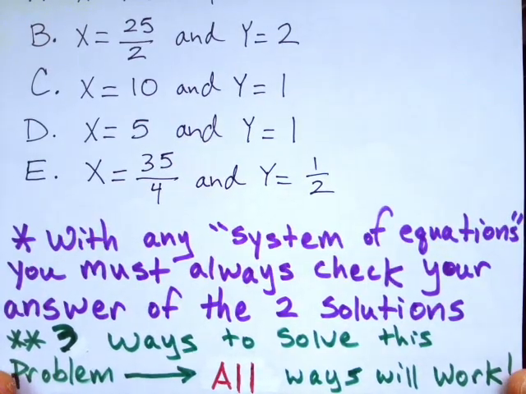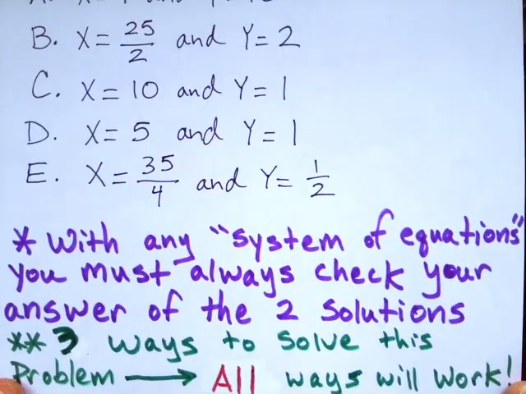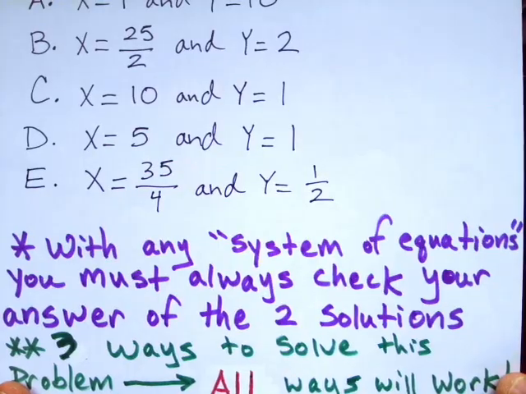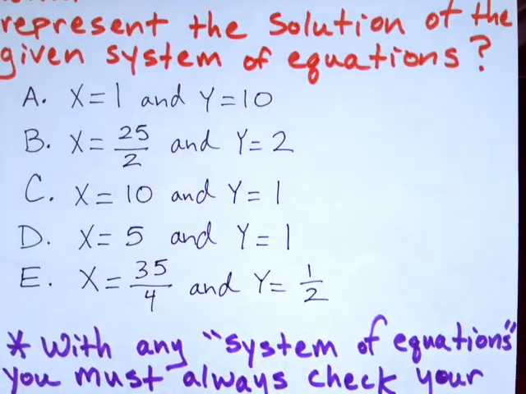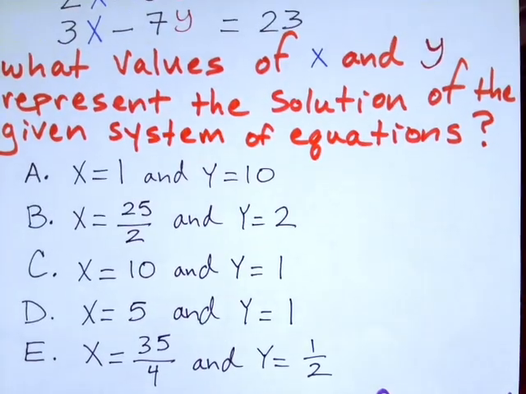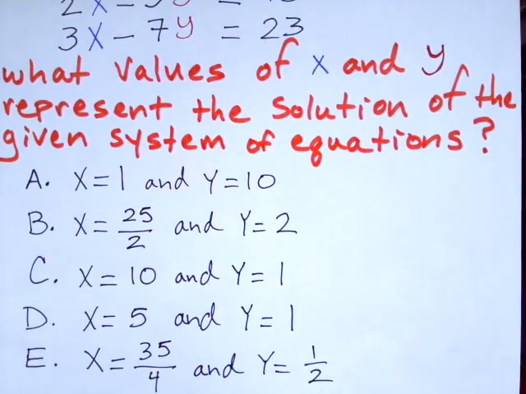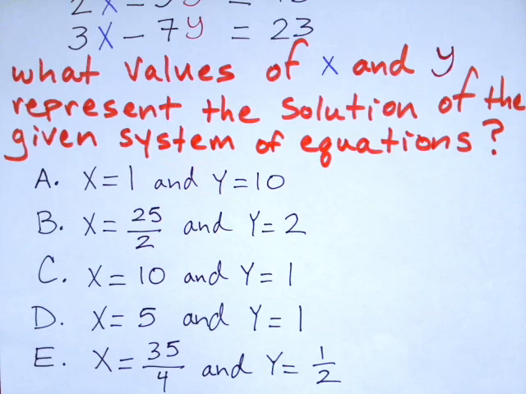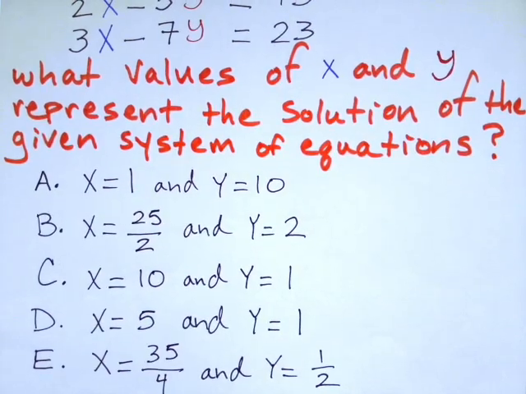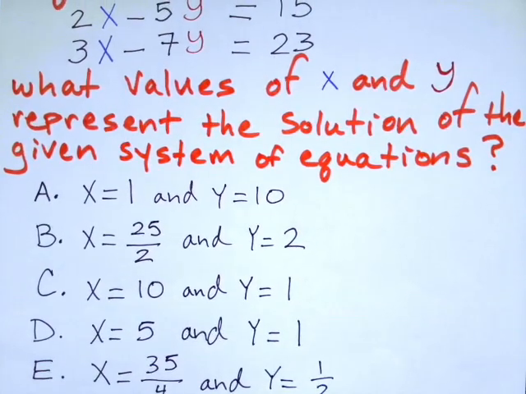Some of them, like graphing, may be considered the most difficult. Some of those methods, like substitution, may be considered easiest. But I'm going to show you how to answer this particular type of question.